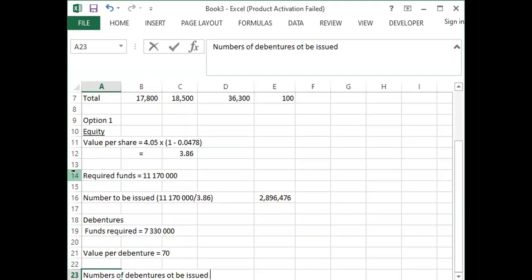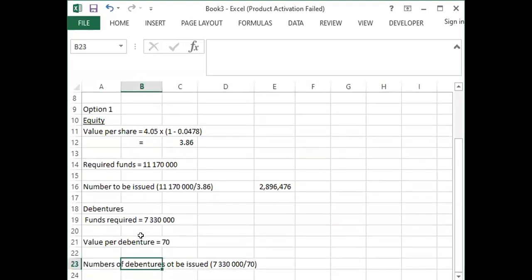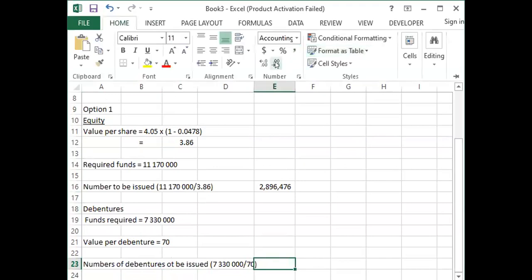Okay, let's put it in brackets again. So it's obviously going to be the funds that are required, 7,330,123, and we are dividing that by 70 there. All right, so let's do the calculation and see what we get on that one.